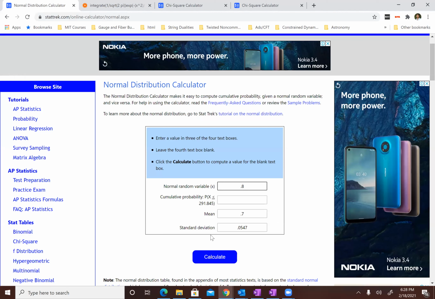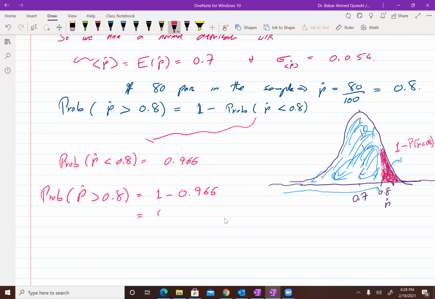This is the cumulative probability, the total area. So that's 0.966. So my desired probability is 1 minus 0.966, which is equal to 0.034 or something.